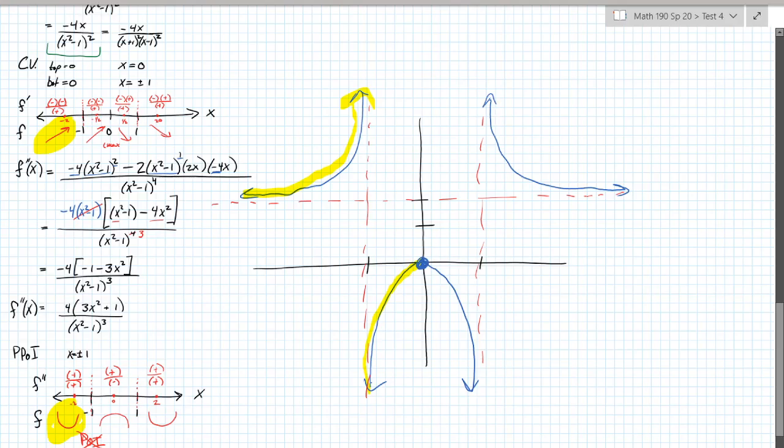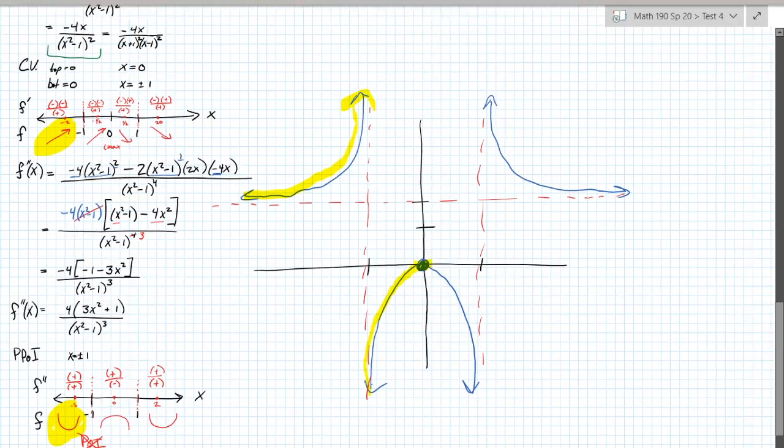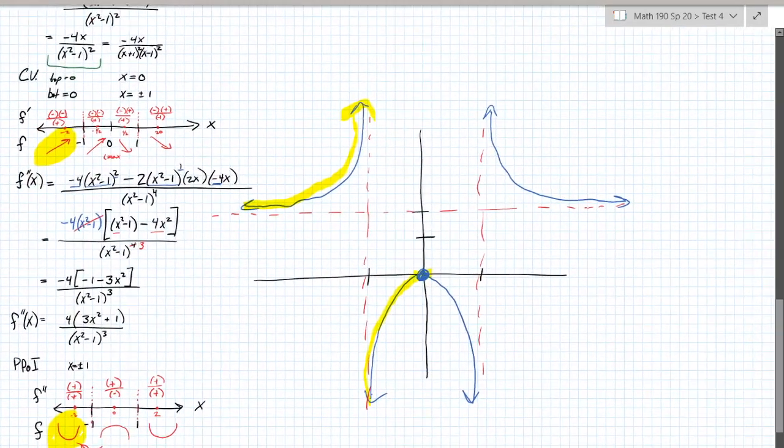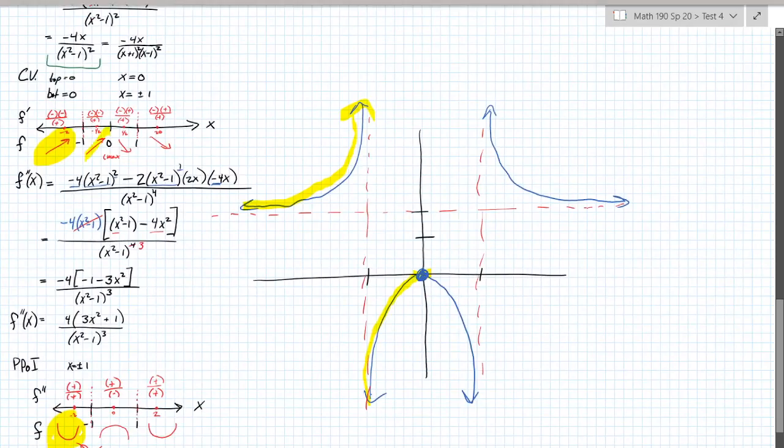We had already seen that we had a 0 with multiplicity 2 at x equals 0. That gives us our max. Then it's decreasing but concave down. Take note of the symmetry here as well, and same with the other side.